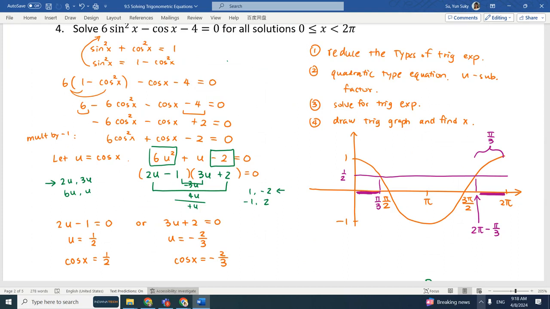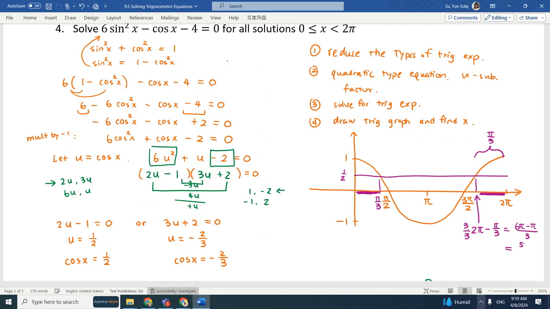Is that okay, everybody? Pi over 3 is in the first quadrant. That's the reference angle. So this point is going to be 2 pi minus the reference angle, which is pi over 3. What is 2 pi, like what over 3? 6 pi over 3, and minus pi over 3.